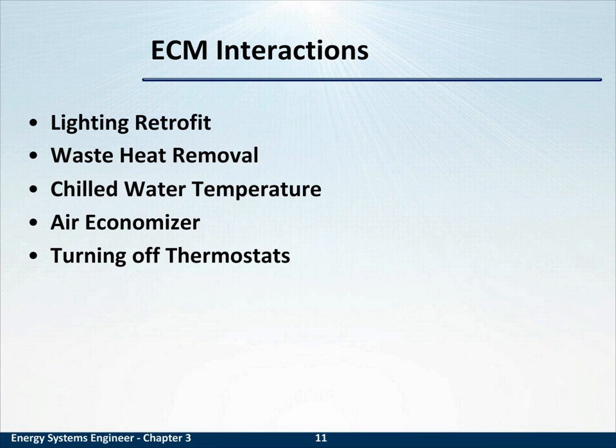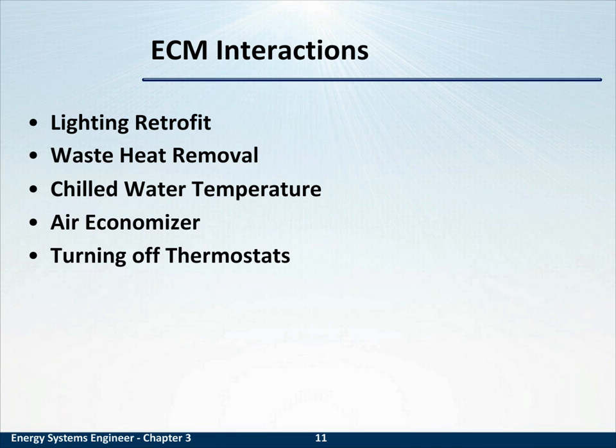And lastly, one of the ECMs that is the most easily implemented is just turning off thermostats. If you're in a space that doesn't need to be heated or cooled and you turn off the thermostat, that can cause pipes to freeze at the perimeter because of lack of load.